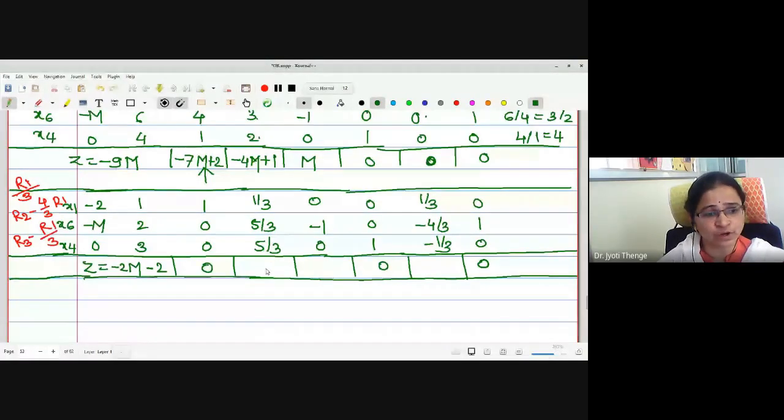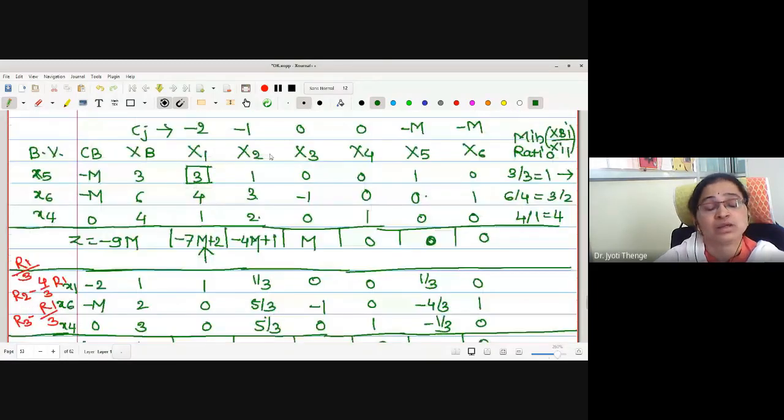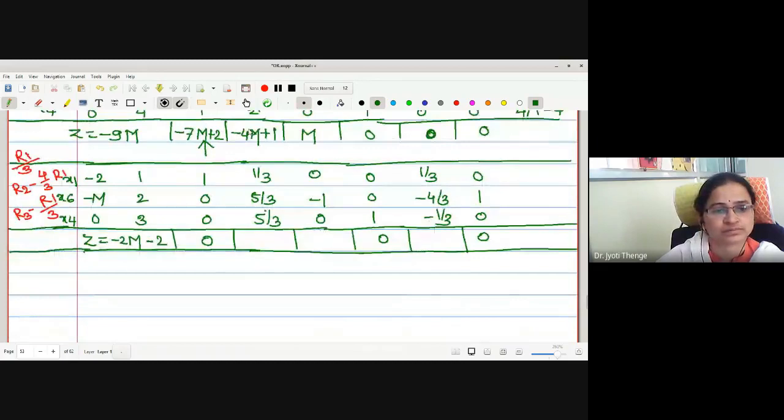For delta 2, we will calculate first. The formula is Cb into x2 minus c2. So this is minus 2 by 3, minus 5m by 3, minus of minus 1, this is plus 1. I will write the minus m term, 5m by 3.